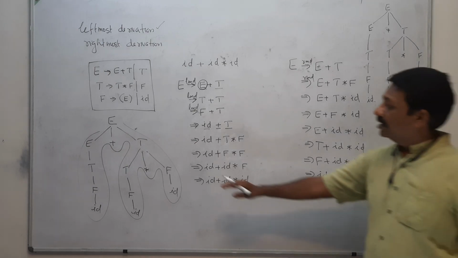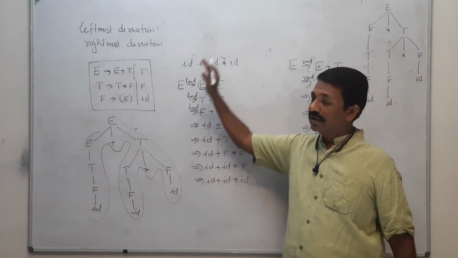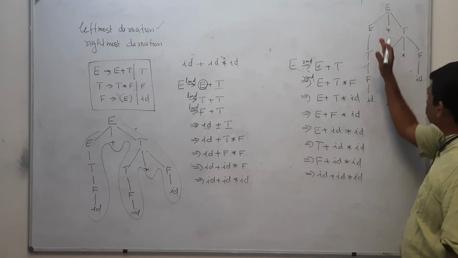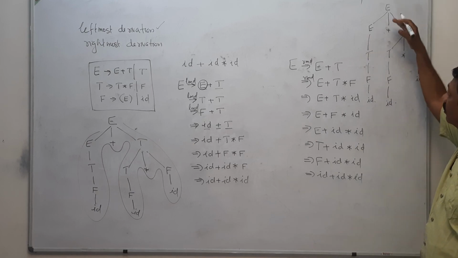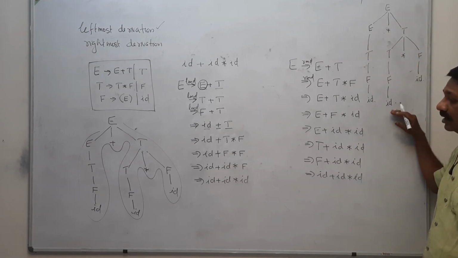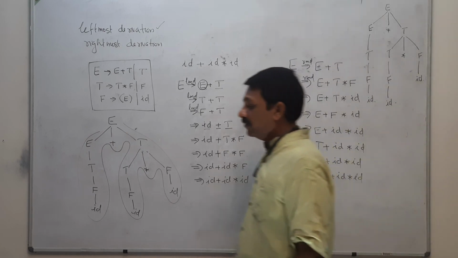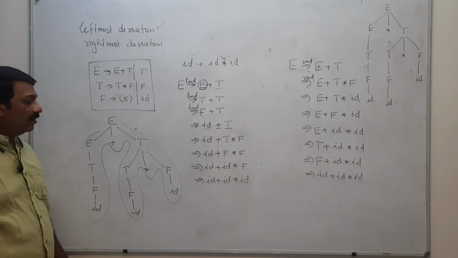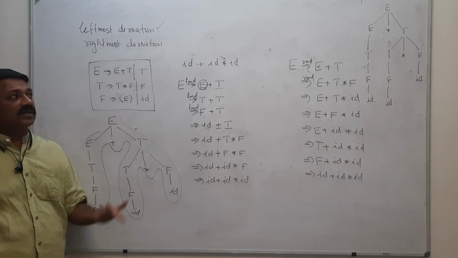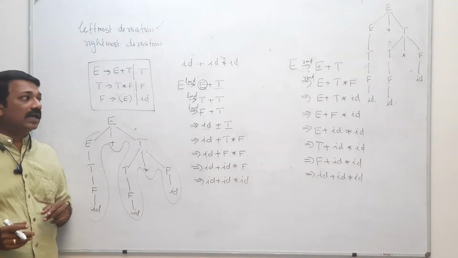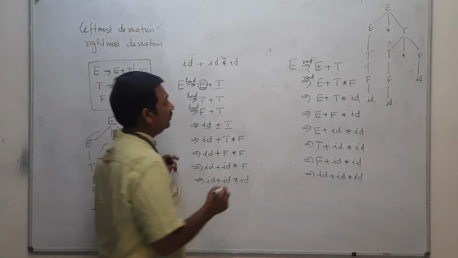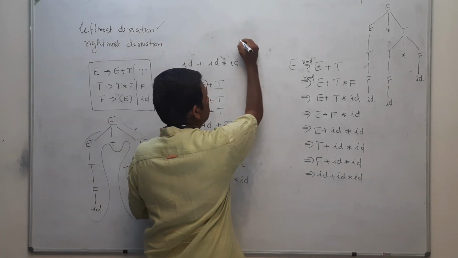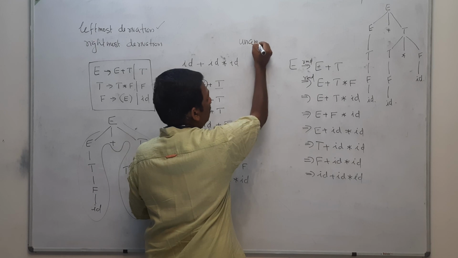If both derivation trees we have developed using leftmost derivation as well as rightmost derivation are the same, that grammar is said to be unambiguous.